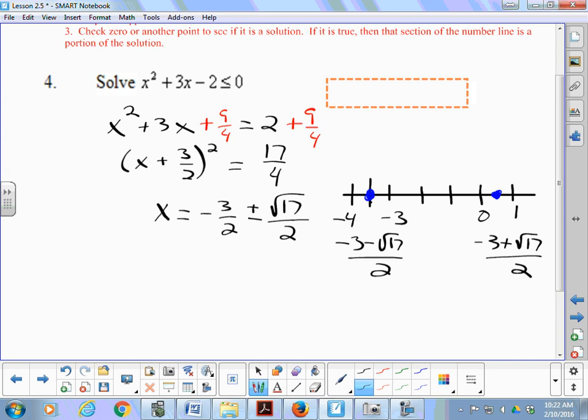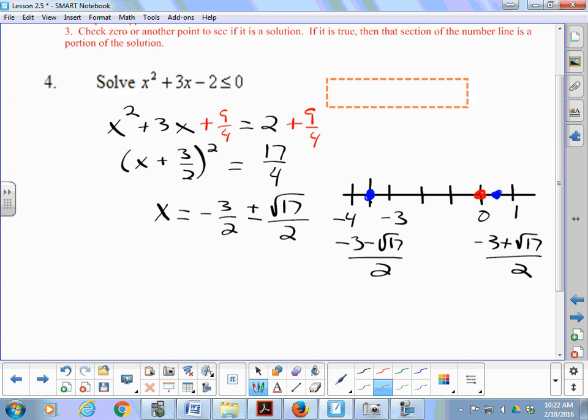So if I'm going to check to see if 0 works, this is how the game is played. If 0 works, then the area between those 2 points is the answer. If 0 doesn't work, then it's the outside of them. Now, there's an easier way. I can tell you right now that it's going to be between them, because what does this symbol say?